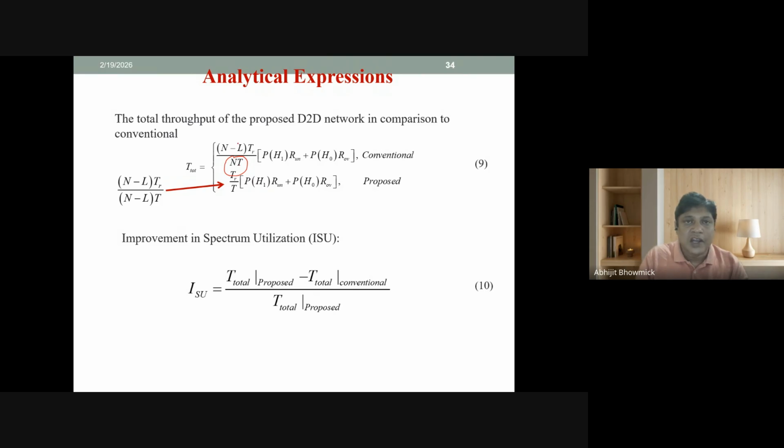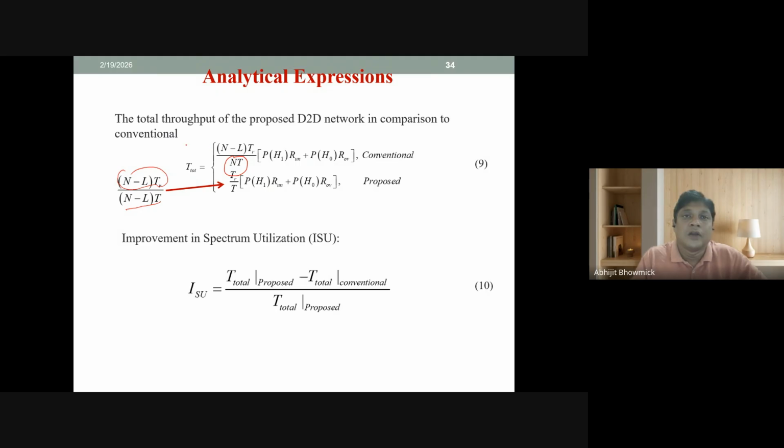Now, since L users are eliminated from the process, the total time is divided among n minus L users, because L number of users have bad channel quality. So L users are eliminated, and n minus L into T_R is the total time.